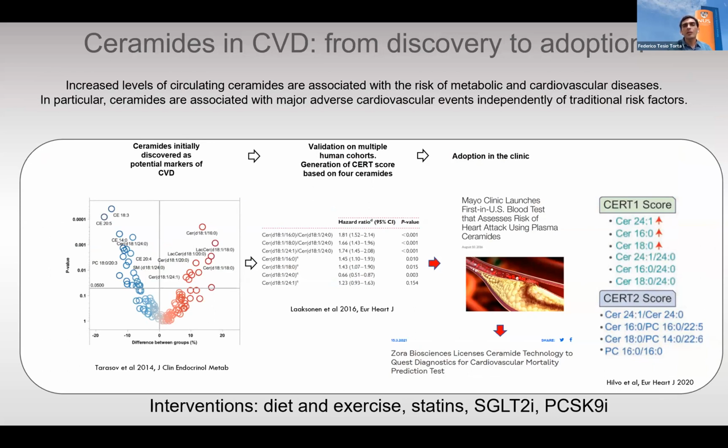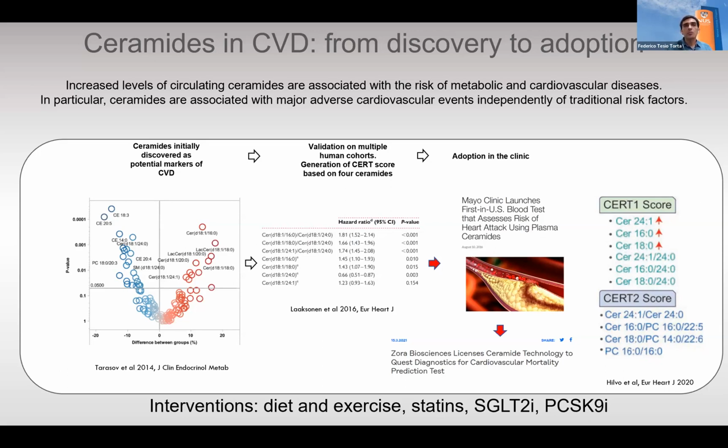And then the results were validated on other cohorts, and the list of lipid markers was reduced to 4 ceramides, and then 3 of their ratios that were used to estimate a risk score called CERT1.